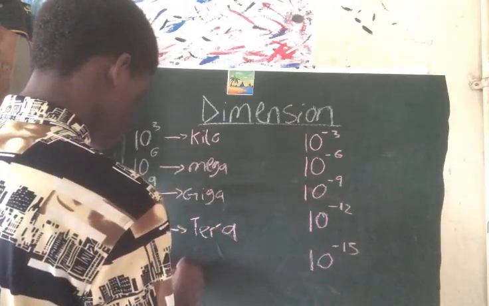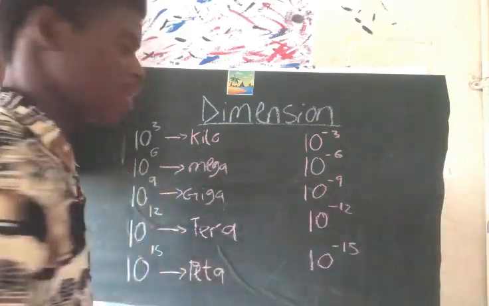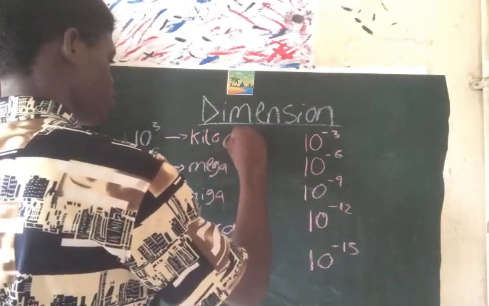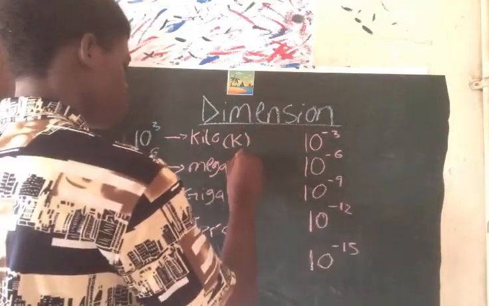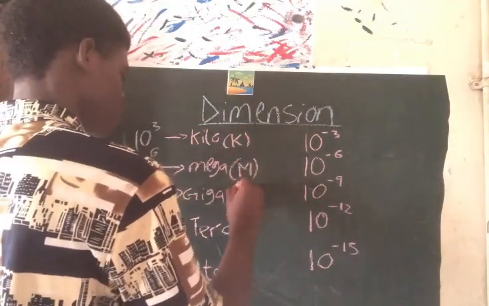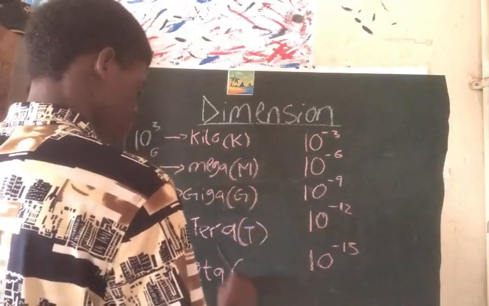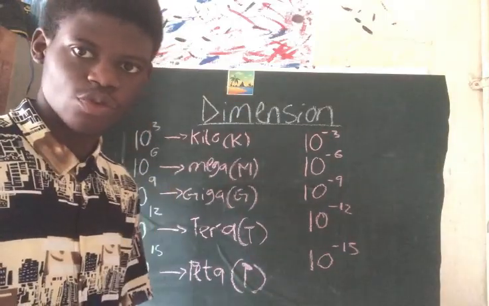And 10 raised to power 15 is called peta. And they have these symbols. Kilo is small k, mega is big M, giga is big G, tera is big T, and peta is big P. Their symbols are big, so that's how to recognize them.